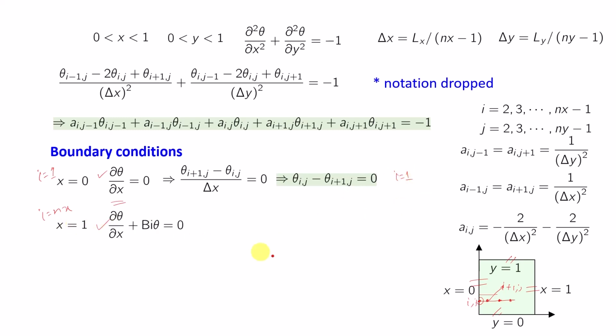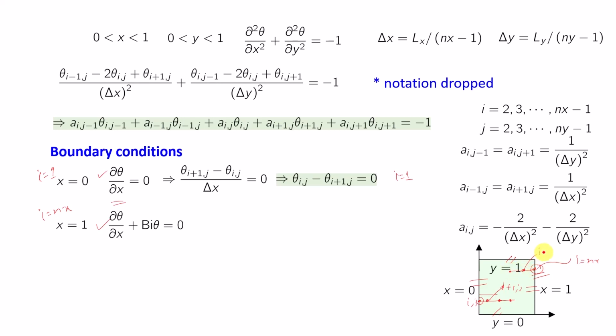Similarly, for i equals nx, that means when I am here, this corresponds to i equals nx, and here del theta del x plus Bi theta equals 0. So here ij falls at the boundary. We do not have an i plus 1 j. What we have are grid points in this direction.